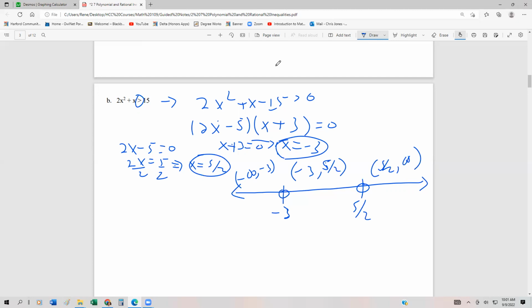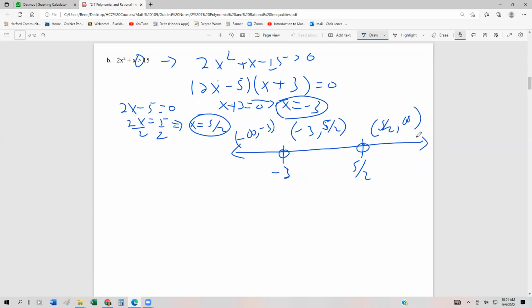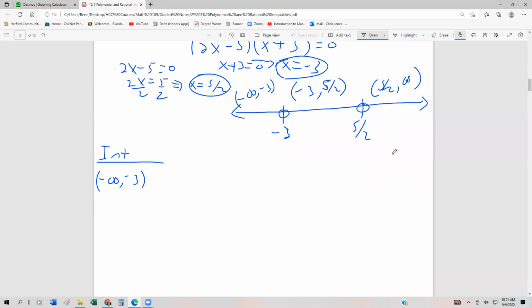And now we are going to pick some test values. So we have our intervals, and remember, our intervals were from negative infinity to negative 3, then from negative 3 to 5 halves, and finally from 5 halves to infinity.